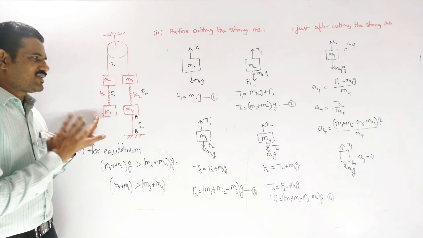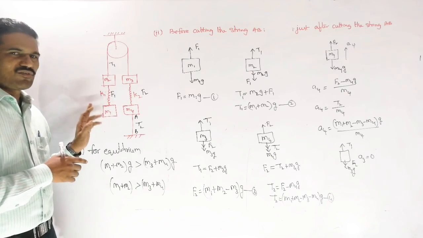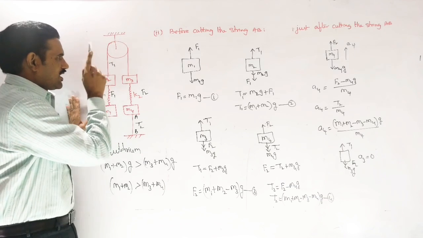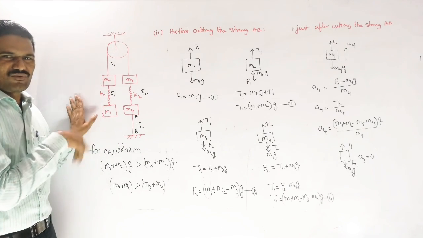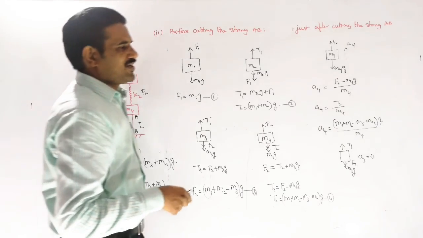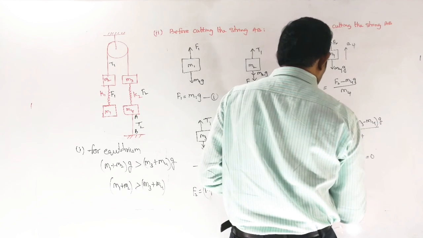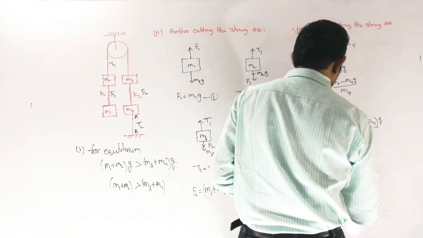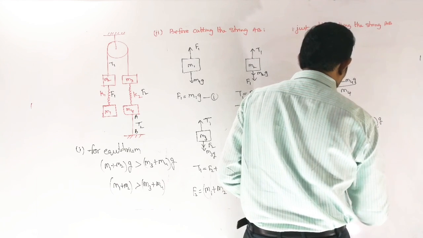Because there won't be any changes in the remaining forces. This FP is not changing, so the tension here doesn't change, and here the tension remains the same. The spring force and every force will remain the same on this side also. So finally, the accelerations of all the remaining blocks will be 0. A3 is equal to A2 is equal to A1, and this value will be 0.